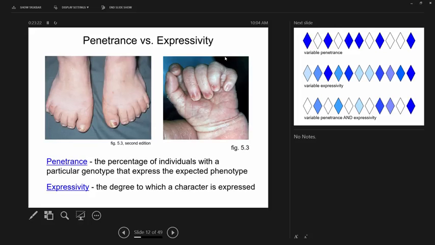Okay, so penetrance. That's the percentage of individuals with a particular genotype that express the phenotype at all. So let's say the penetrance for polydactyly is 75%.